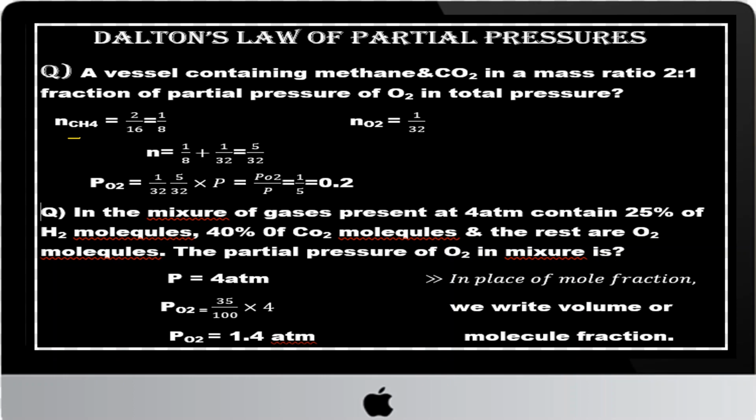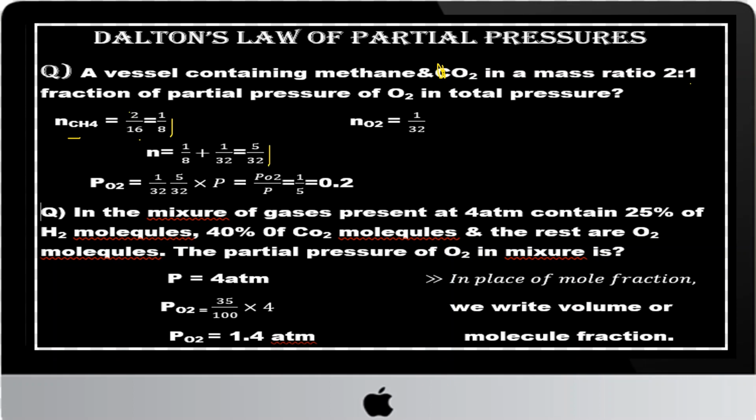They have given it as 2:1, then 2 parts of weight by 16, the molecular weight, becomes 1/8 for methane. For oxygen, it's not carbon dioxide, it's oxygen. Sorry, typing mistake. They have given it as 1 part, 1/32. To find the total, N equals N1 plus N2, it becomes 5/32.